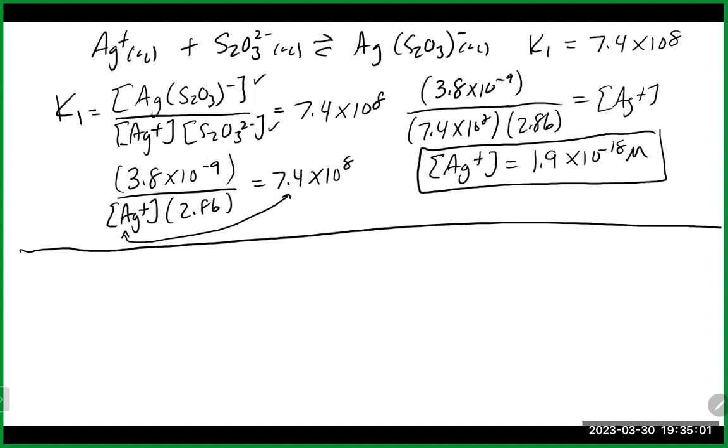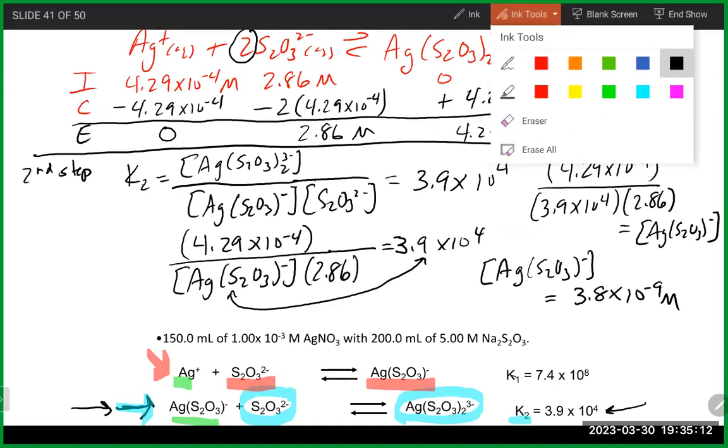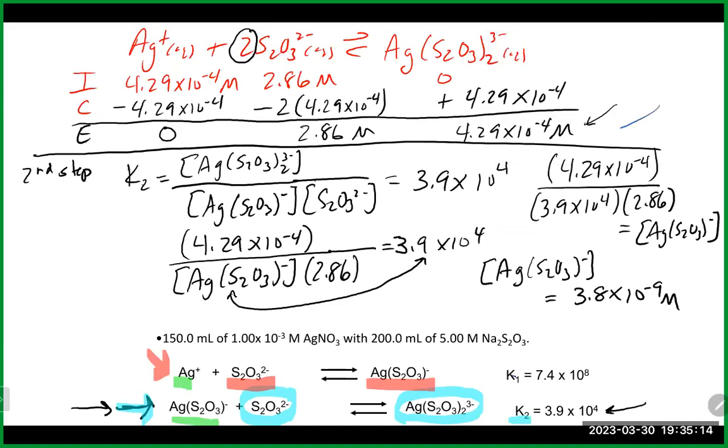Now, just really quickly, the alternative approach. At the point where we were with our overall reaction, you could have done what we did in the first problem: put it into the overall reaction and solve for the silver first.